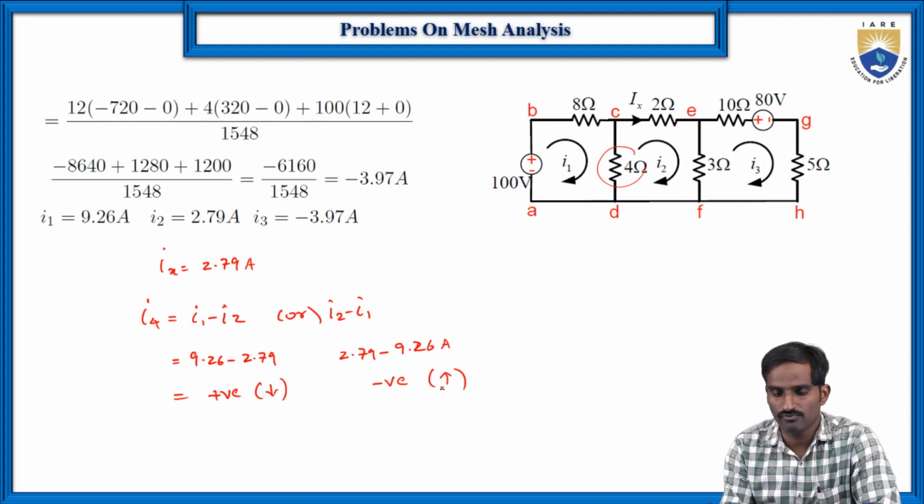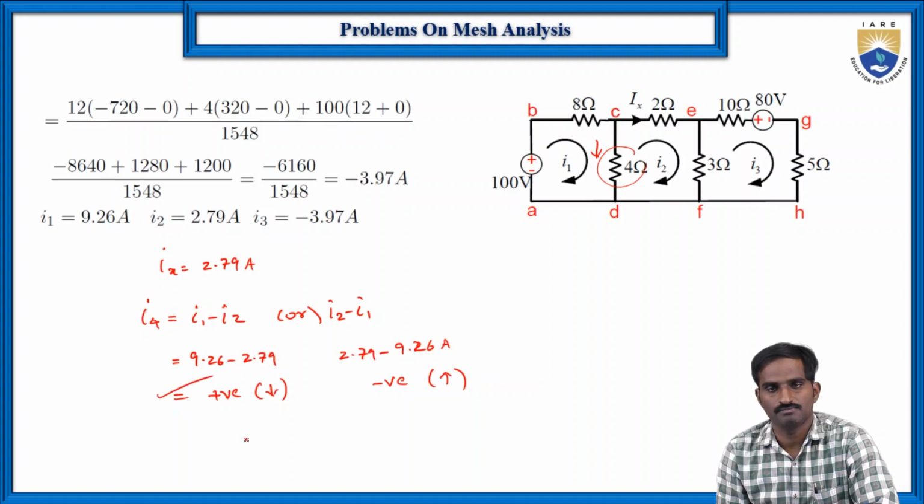In the 4 ohm resistor the current must flow in only one way, either the I1 or the I2 direction, but not both. So the actual current direction through this 4 ohm resistor is the I1 direction, in this direction. So this one is correct.